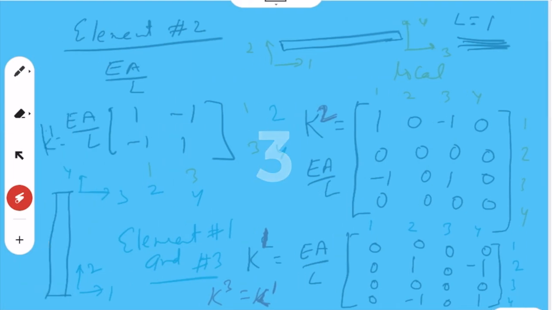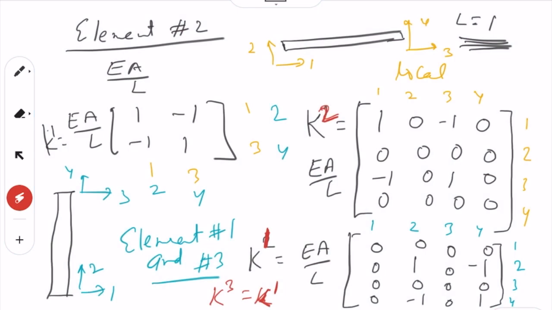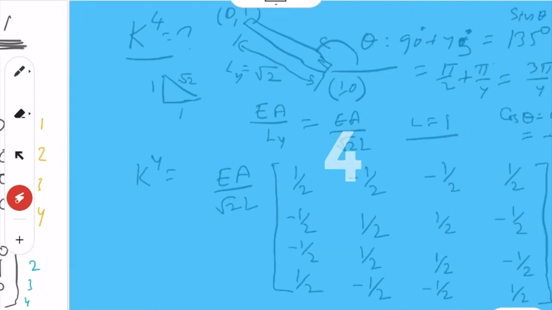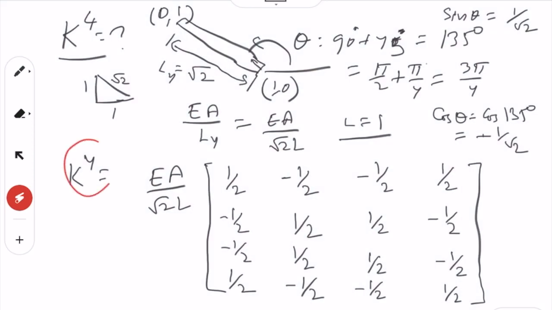We got K1 here, K2 done, K3 is equal to K1, and then we have K4 as well. E we know, A we know, L we know, all the values we know. Now next thing is just to assemble them. How to assemble?